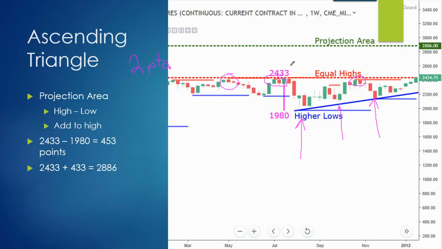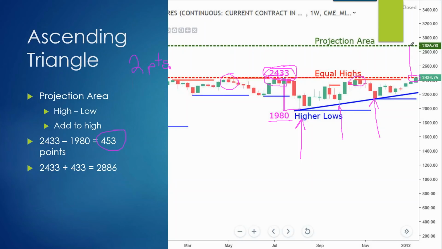If you take the high of this area, which is 24.33, and you take that first low, which is at 1980, that's 453 points. That's your projection, okay? Now, it has to break out of this area, and this is the 24.33 area, okay? This is the high.